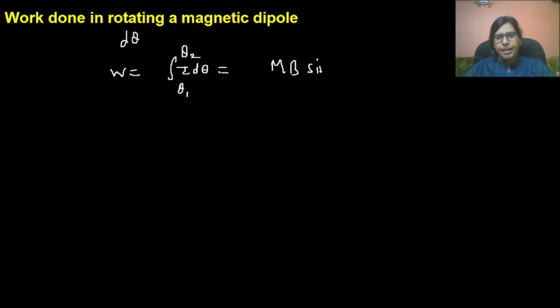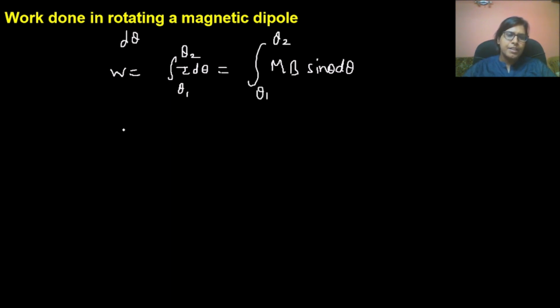Now we will see work done in rotating a magnetic dipole. If we rotate the magnetic dipole by a small angle d theta, then the work done will be the integration of tau d theta. If we integrate this from theta 1 to theta 2, this will be M B sin theta d theta from theta 1 to theta 2.